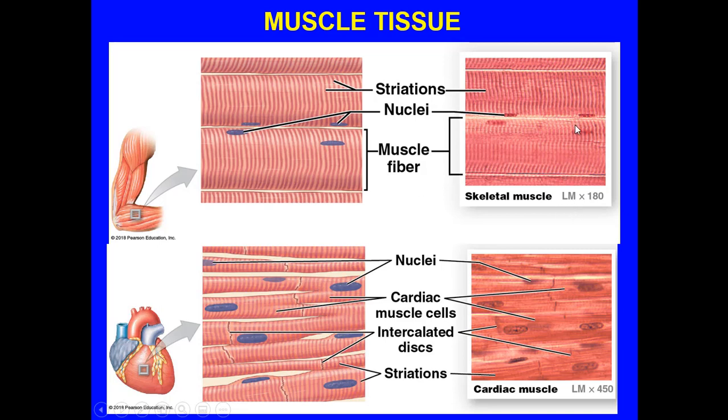You can see these line patterns here. These are the striations. With heart muscle, it's a little bit different in the sense that you get one, maybe two nuclei per cardiac muscle cell.